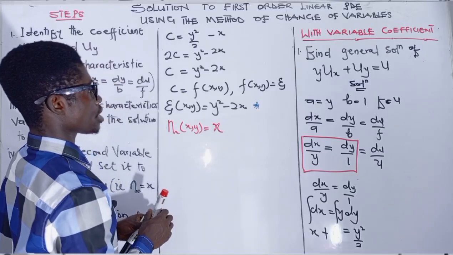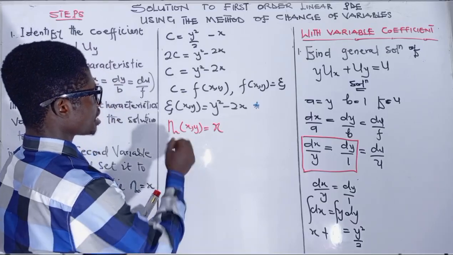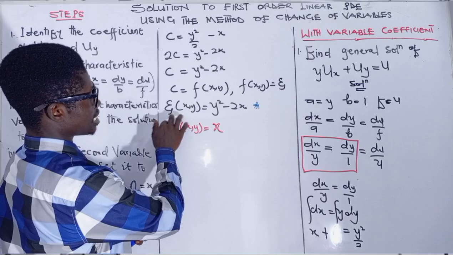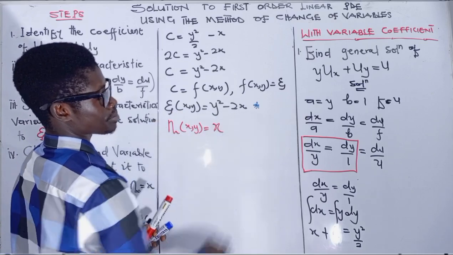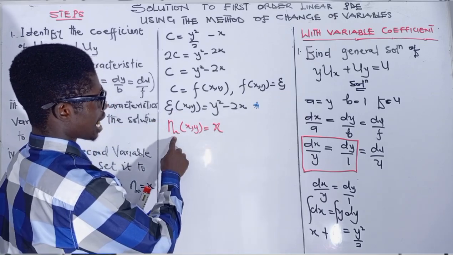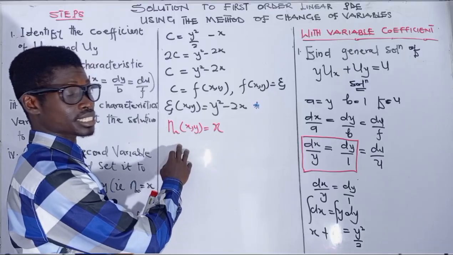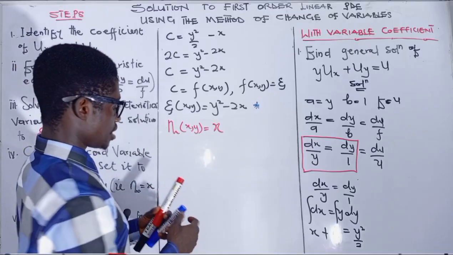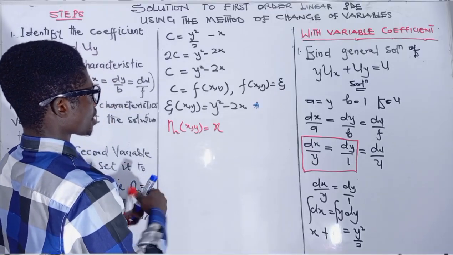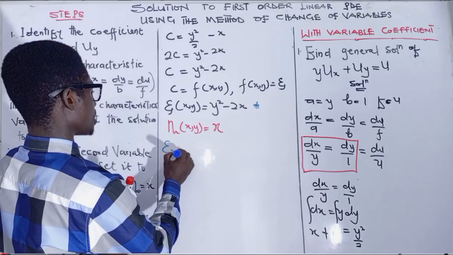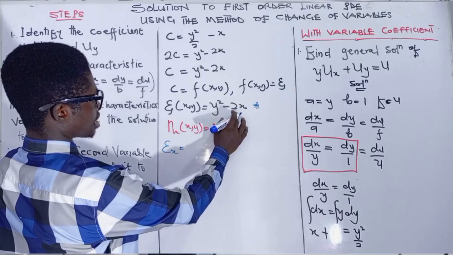Once we have this, we take the partial derivative of zeta with respect to y and then with respect to x. Then we take the partial derivative of eta with respect to x and y. So we have zeta x. We differentiate this function with respect to x.